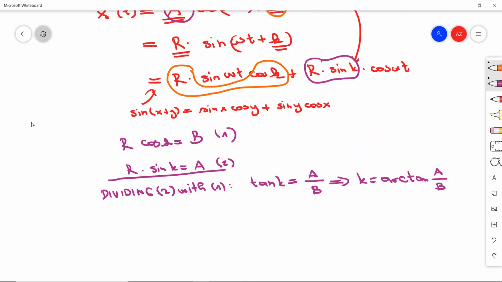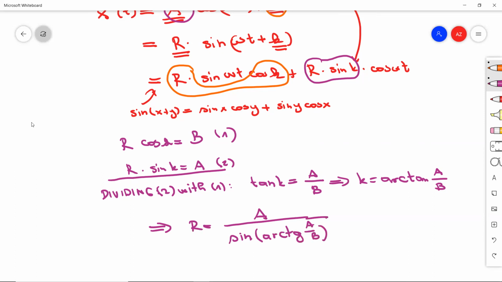And now, if you're working numerically, then this is enough to get r. But if we are working symbolically, we can still say that r is a over sine of arctangent of a over b.